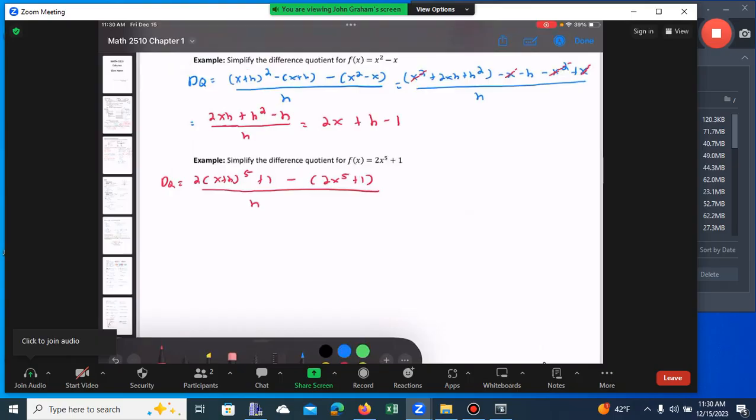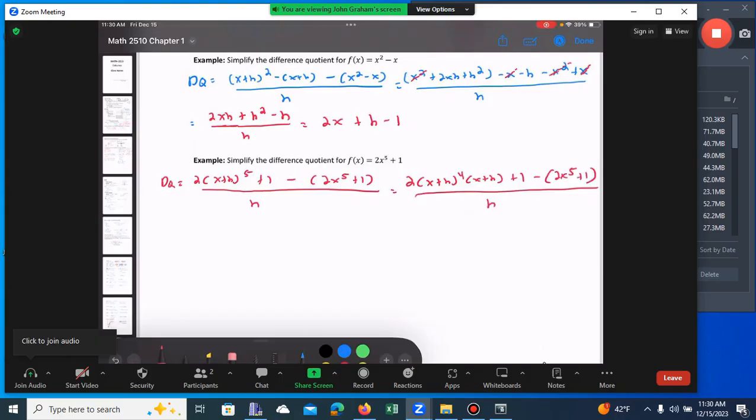Now this is going to multiply out to 2(x plus h) to the fourth times (x plus h) plus 1 minus (2x to the fifth plus 1) over h.